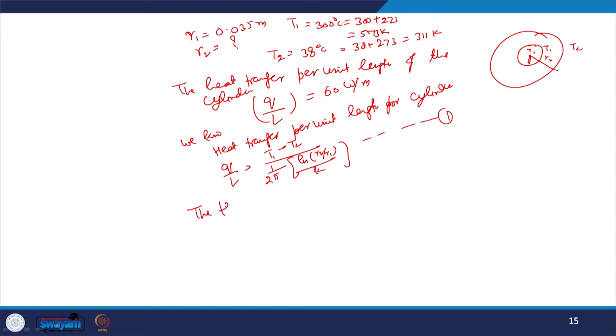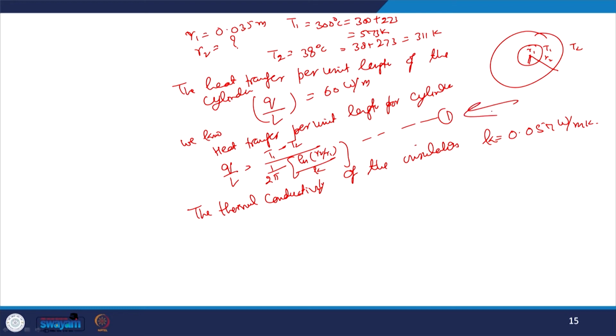The thermal conductivity of the insulation, K, is given as 0.057 watt per meter Kelvin. Now if we substitute these values in this particular equation, we will have 60 is equal to 573 minus 311 upon 1 upon 2 pi into ln R2 over 0.035 upon 0.057.